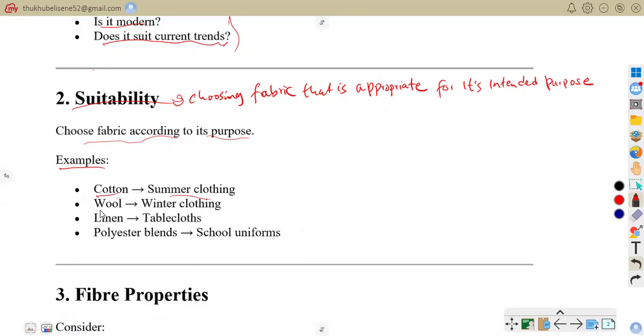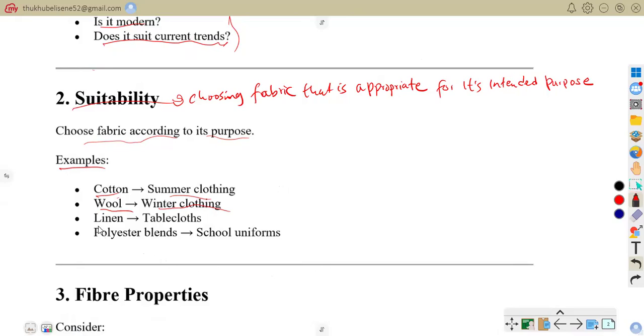Now we have wool, winter clothing. We know that wool traps body heat and keeps people warm during cold weather. You can talk of a wool jersey that is worn during winter to stay warm.